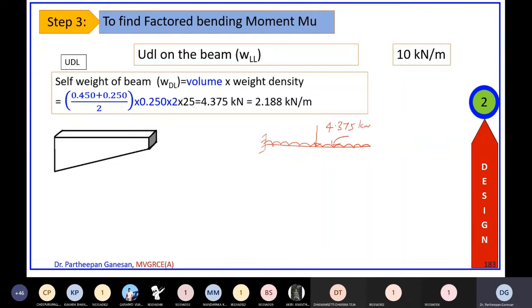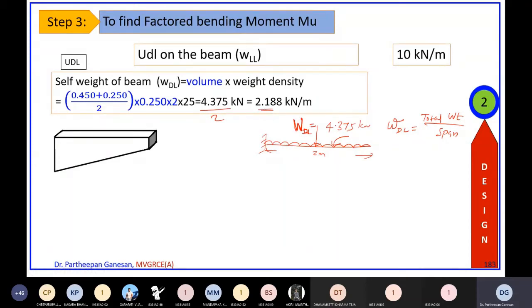Total load divided by the span, this 2 meters. Capital WDL is 4.375 kilonewton for the entire beam. But self weight acts at each and every point, so I have to represent it as a UDL. Small wDL is equal to total weight divided by span. So 4.375 divided by 2 comes out to be 2.188 kilonewton per meter.